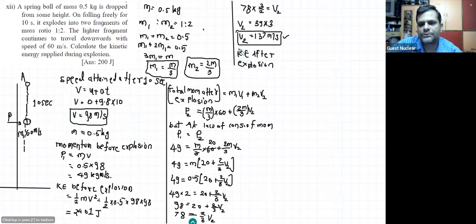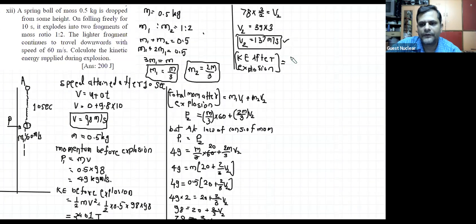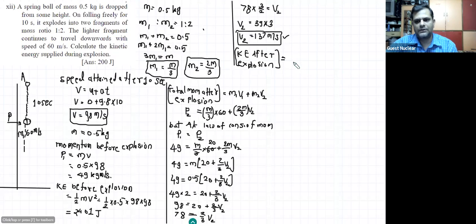After the explosion there are two parts of the body, so we can find the kinetic energy of each part and add them together to get the total kinetic energy of the body after the explosion. So this is half m1 into v1 square plus half m2 v2 square. This is going to be the total kinetic energy.